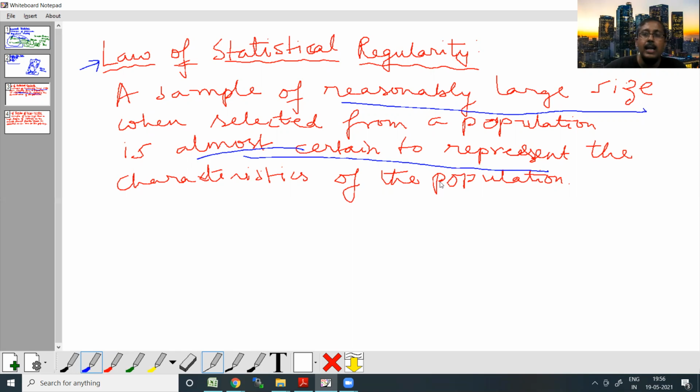And when we have that, the measures taken on the sample almost certainly represent the characteristics of the population. So those measures drawn on the sample are almost certainly going to be close to that of the population. That is the law of statistical regularity.